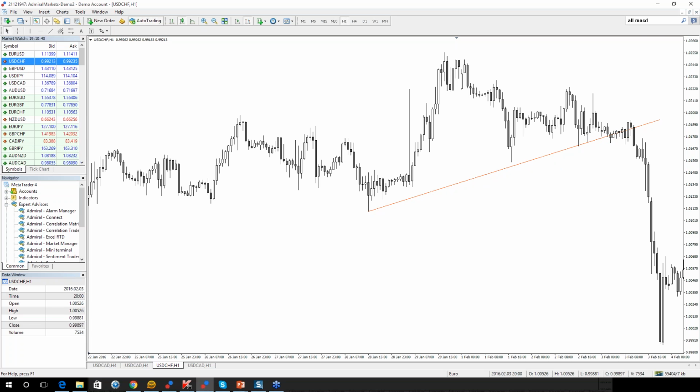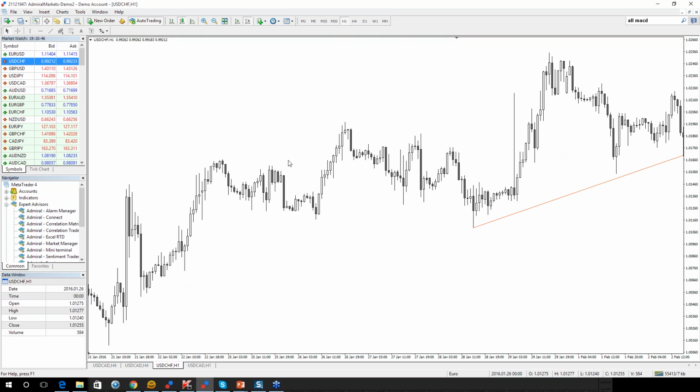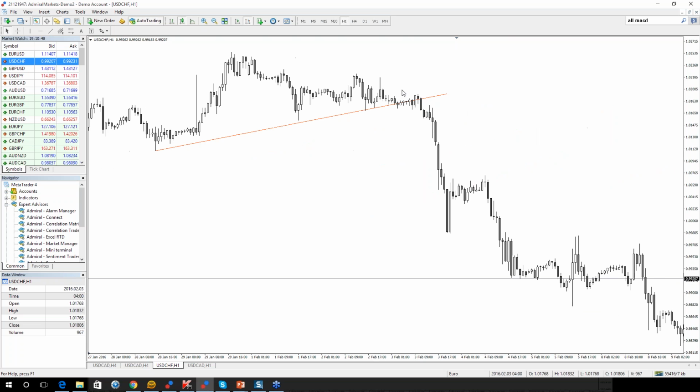This was an uptrend with some sideways movement, and then here this is a head and shoulders, neckline break. Bang, breakout, retest, continuation. Here, very easy to spot.